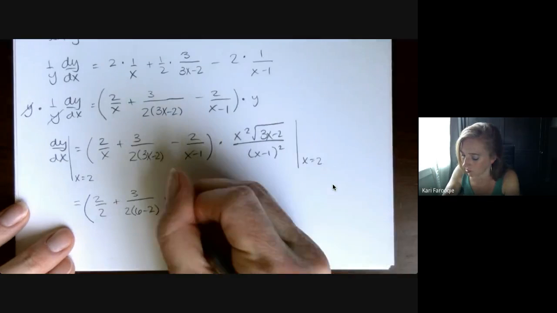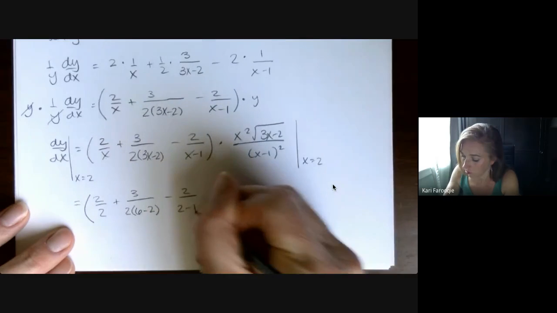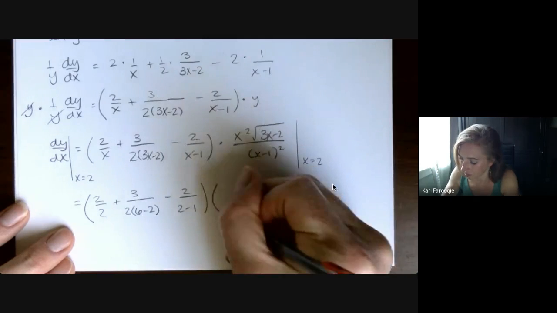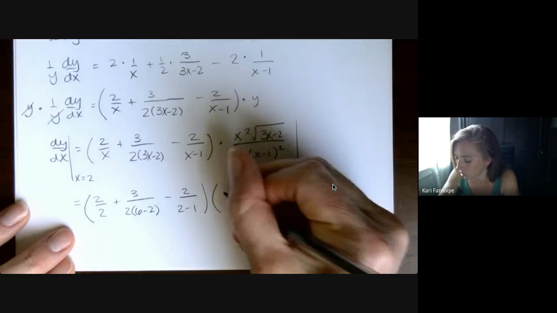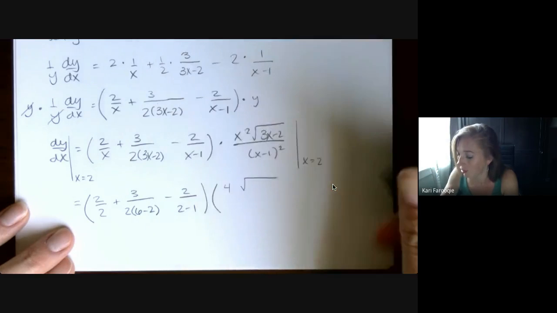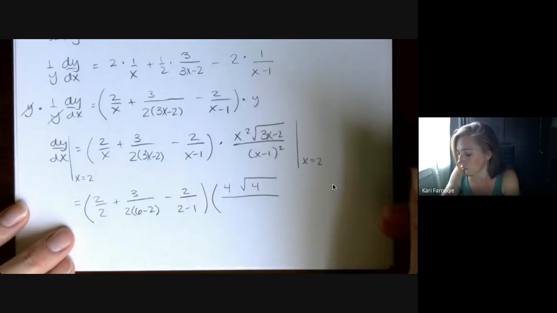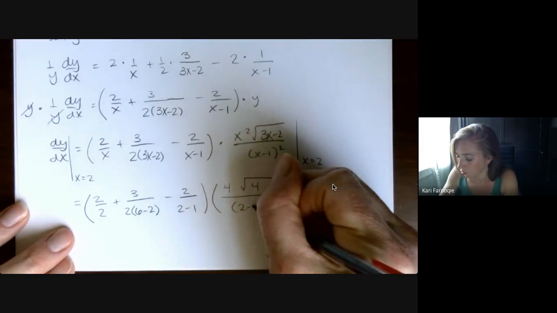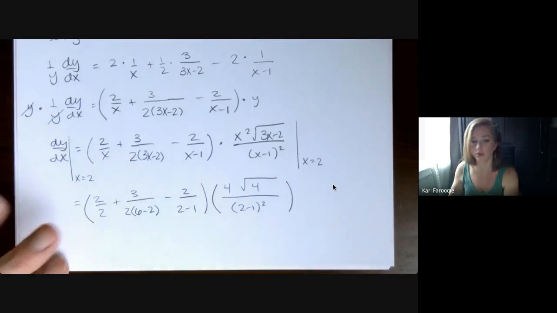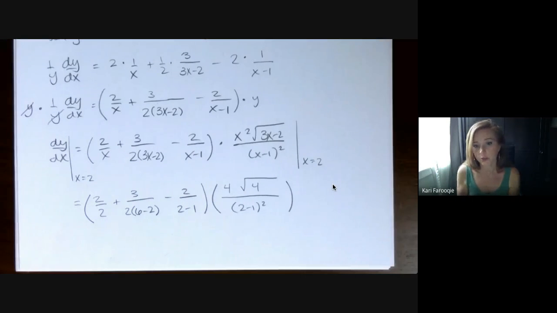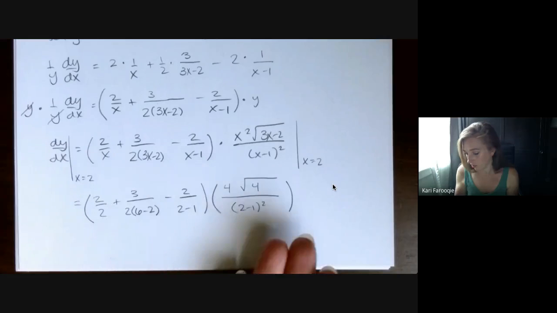Don't forget your parentheses. 2 minus 1. And then this whole thing gets multiplied by, let's see, 2 squared, the square root of 6 minus 2, which is going to be the square root of 4, over (2 minus 1) squared in the denominator.